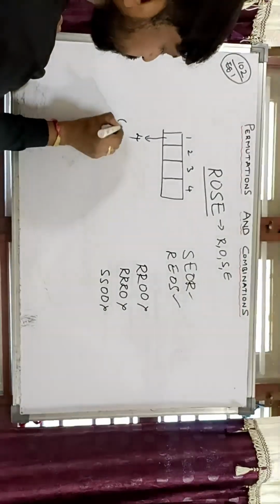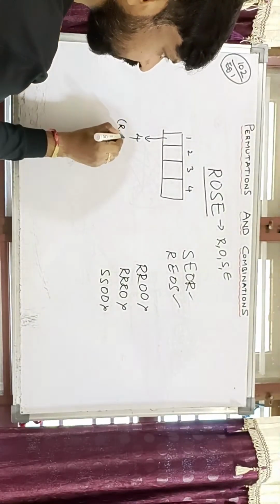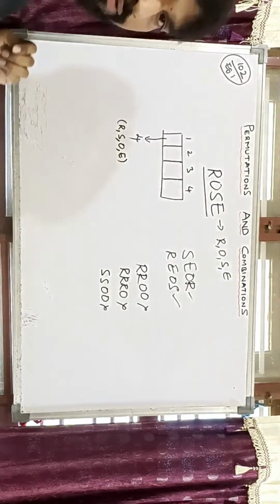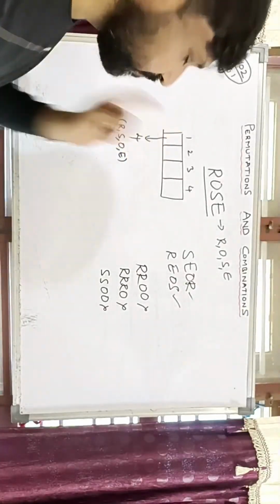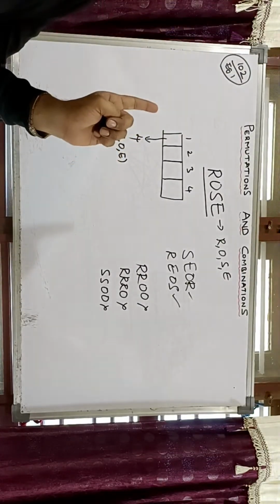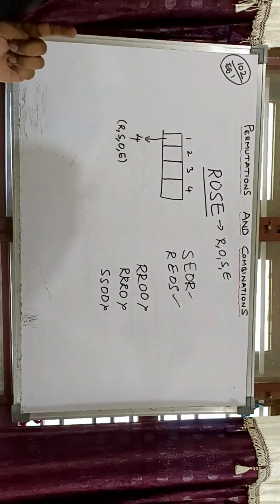Either R can be fixed, or S, or O, or E. Anything can be fixed here, so there are 4 ways to fill this box.